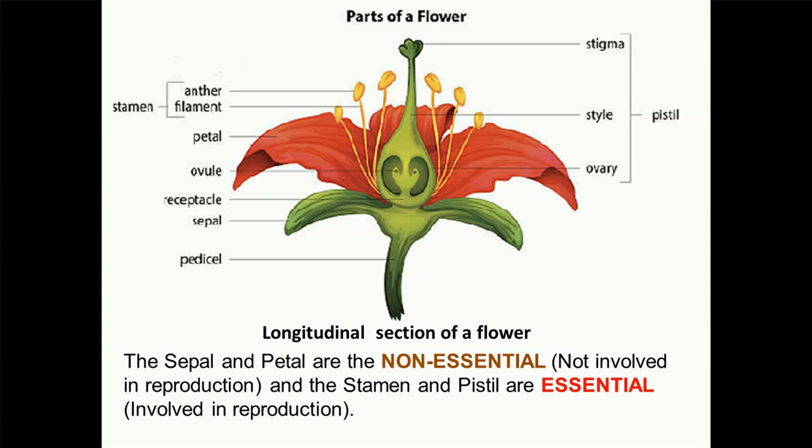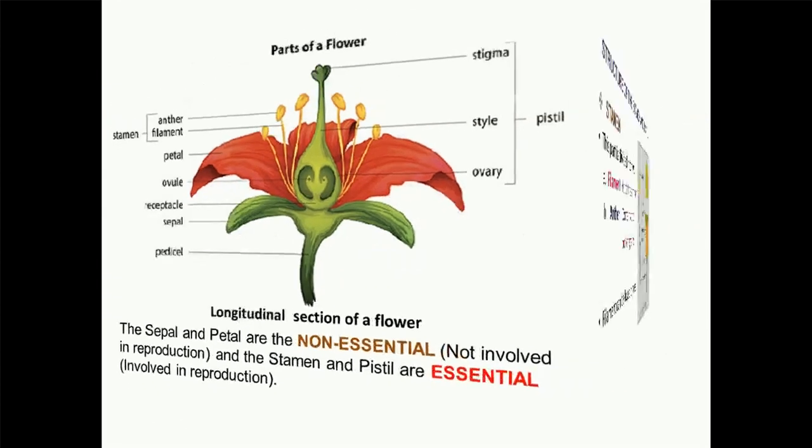Now the sepal and the petal are the non-essential parts of the flower. Why? Because they are not involved in sexual reproduction of the flower. While the stamen and the pistil are the essential parts of the flower because they are involved in reproduction of the flower. So let's move on.